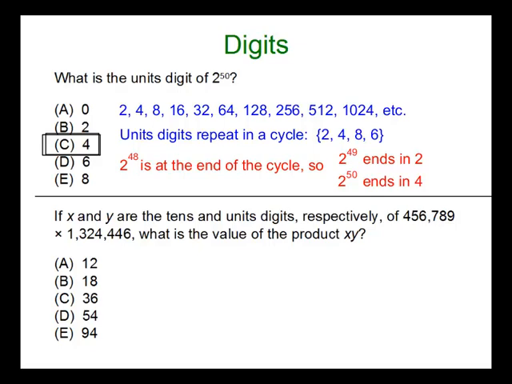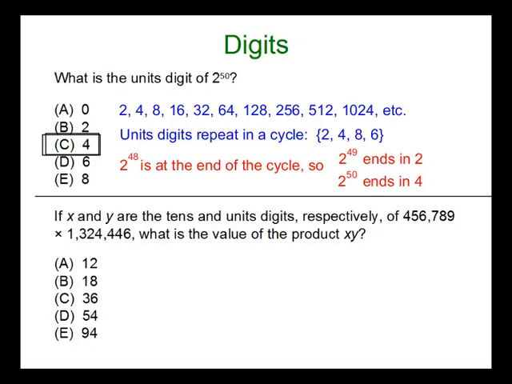So if you were multiplying 81 times 243, if all you cared about was the resulting units digit, you could ignore the 8 in 81, just look at the 1, and you could ignore the 2 and the 4 in 243 and just look at the units digit of 3. 1 times 3 is 3, so that's going to be the units digit of the result.